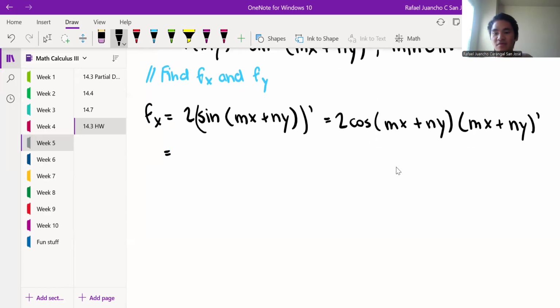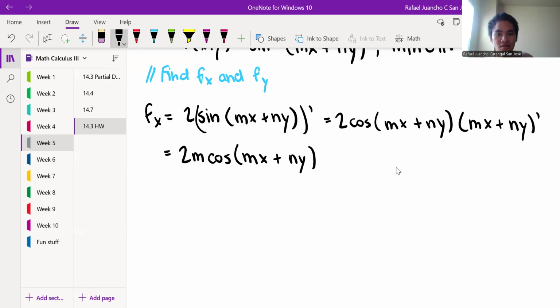The derivative of mx is just m, and ny is nothing because y is 0. So I just have m. We'll write it this way because it looks nice. And we're done.